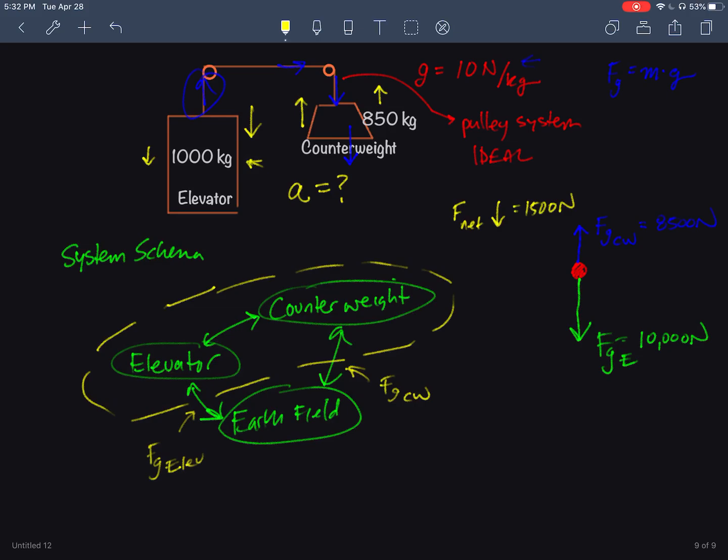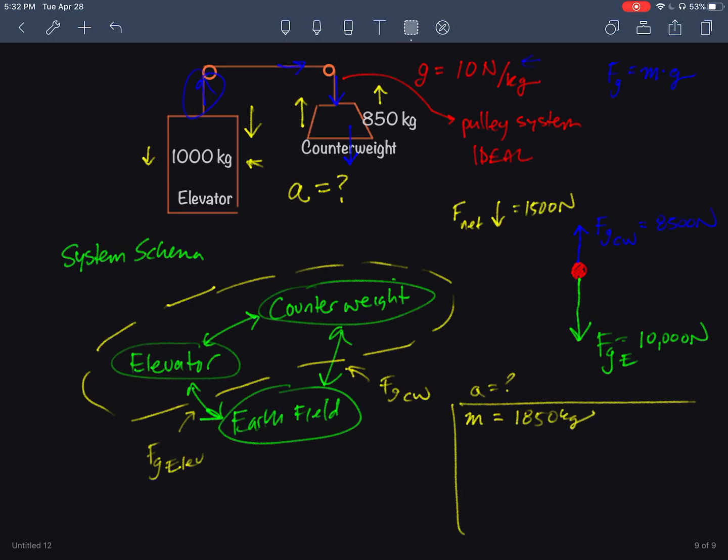So the acceleration is going to be based on that. Now we get to figure out what the acceleration is. We know that the masses of both of those things work together. They're both part of the same system. So we have the mass of 1,850 kilograms.